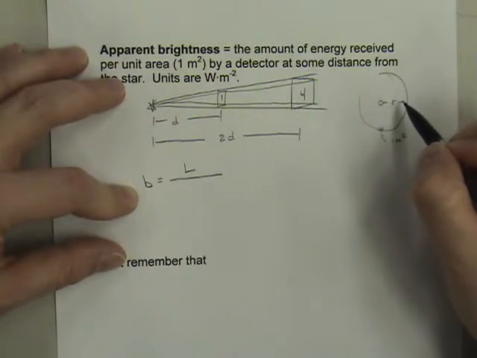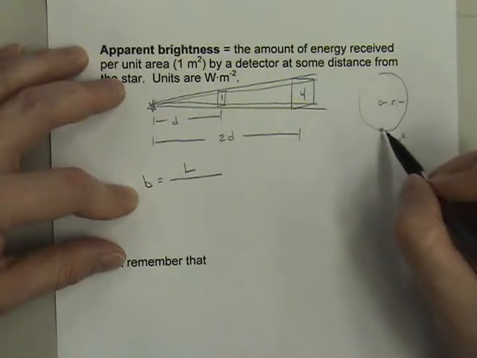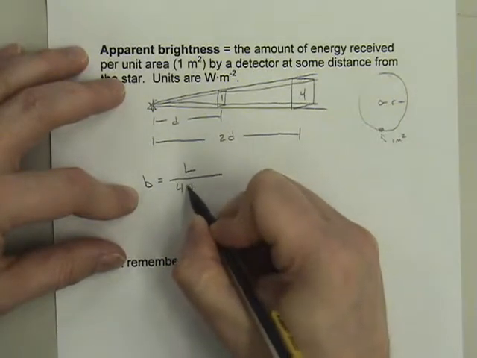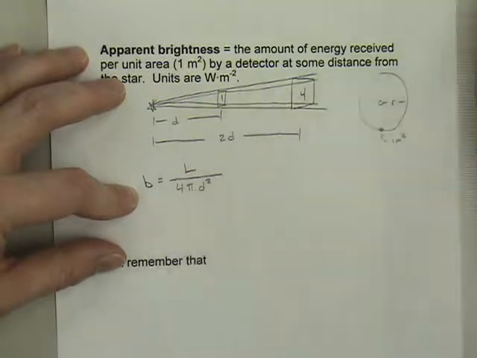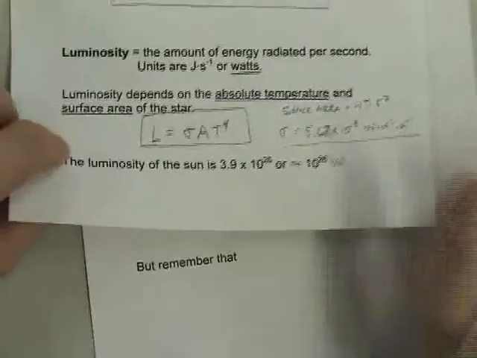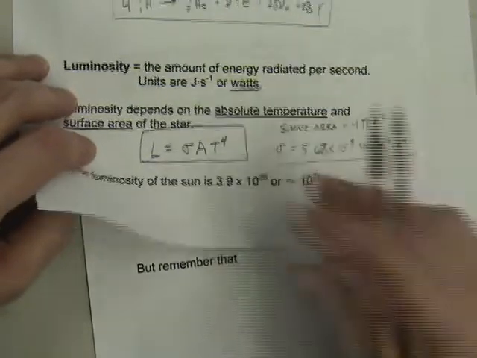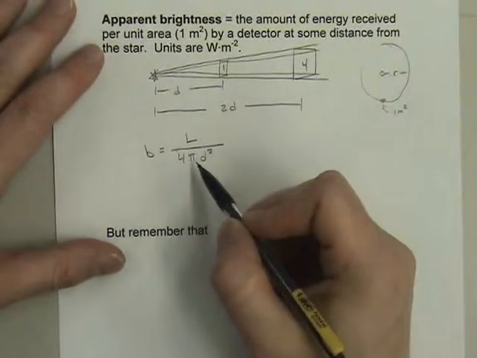I'm talking about the surface area of an imaginary sphere that's at some distance r away from the star where my detector is located. And so that's why the formula is 4 pi d squared. So remember, the surface area formula is 4 pi r squared. So that's where the 4 pi d squared comes from. It's the formula for the surface area.